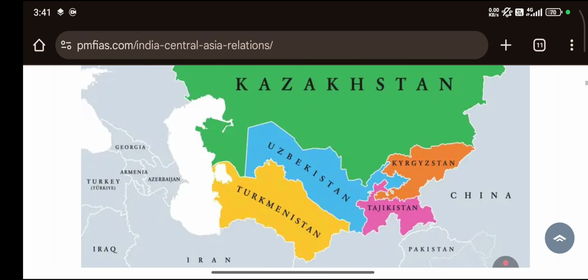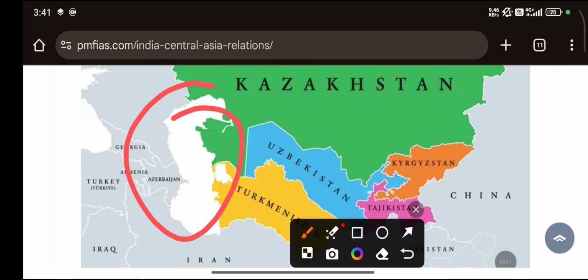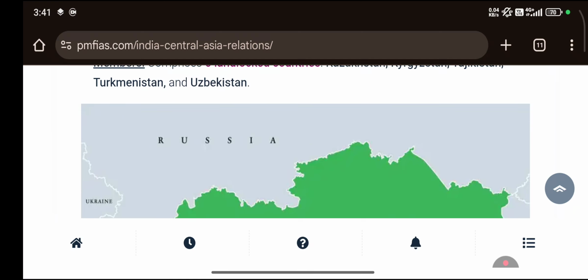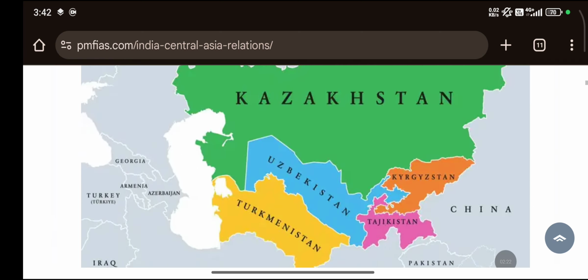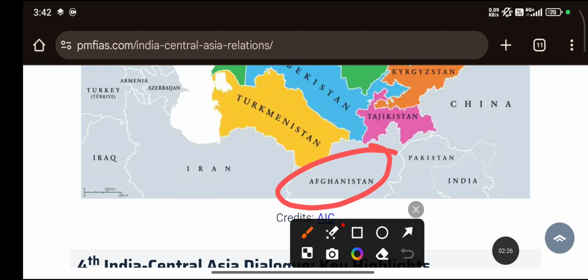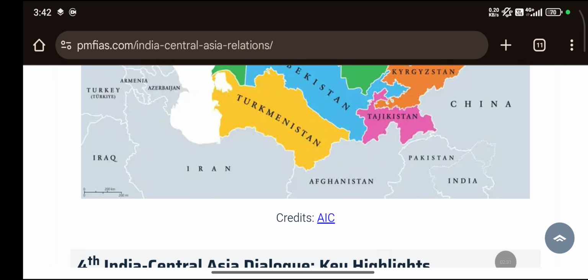You can look here, it is the Caspian Sea all over here. Some borders it shares.